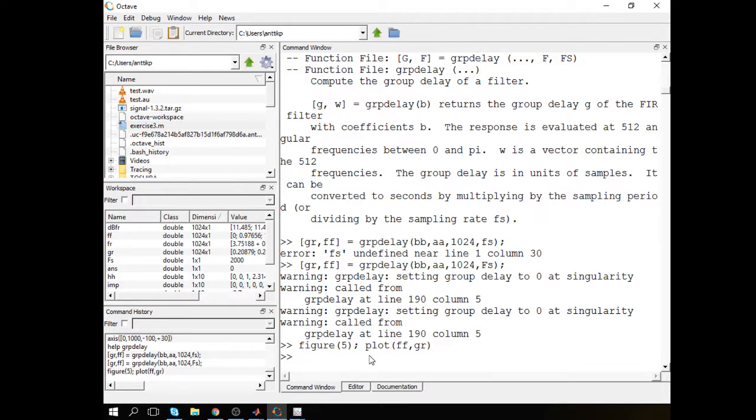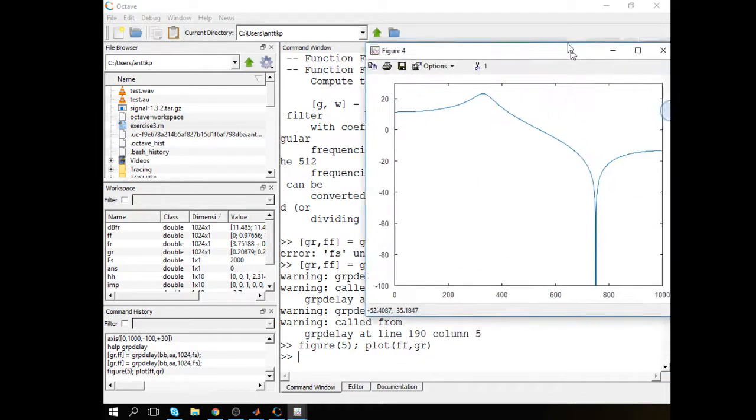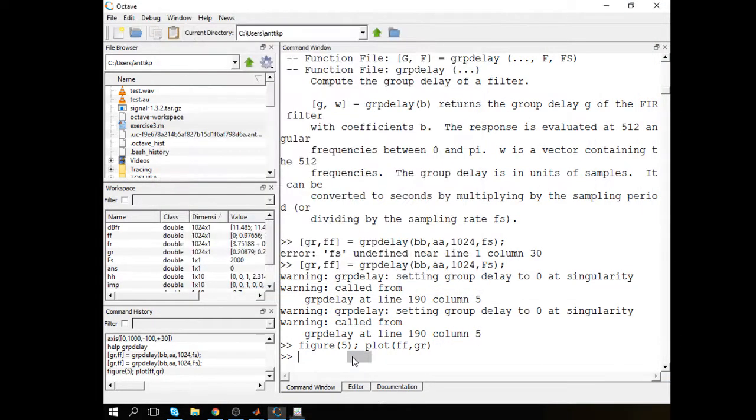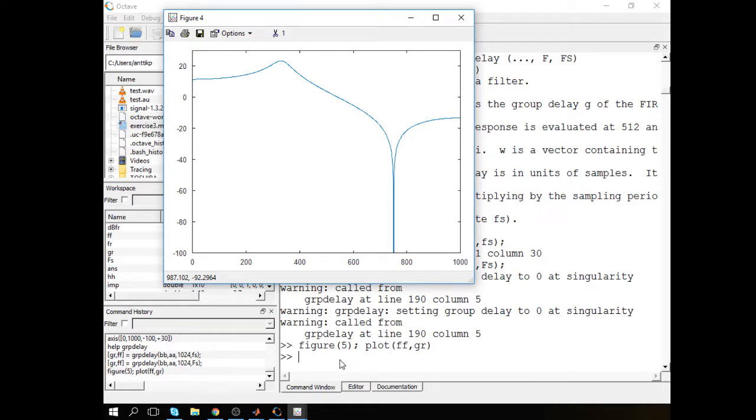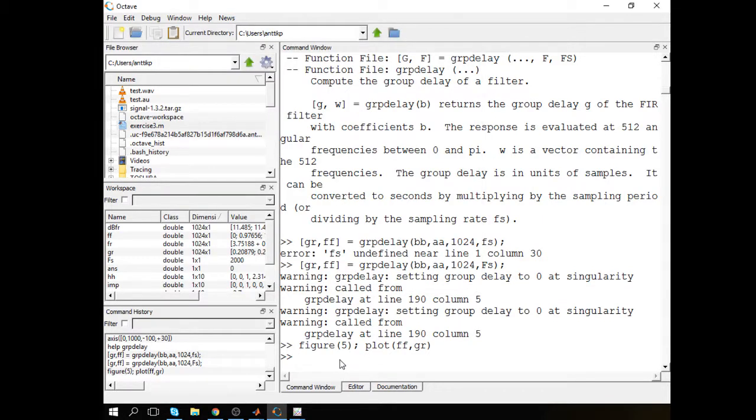For example, if I want to know in which frequency I have the highest attenuation in here. In here. That was plot something.